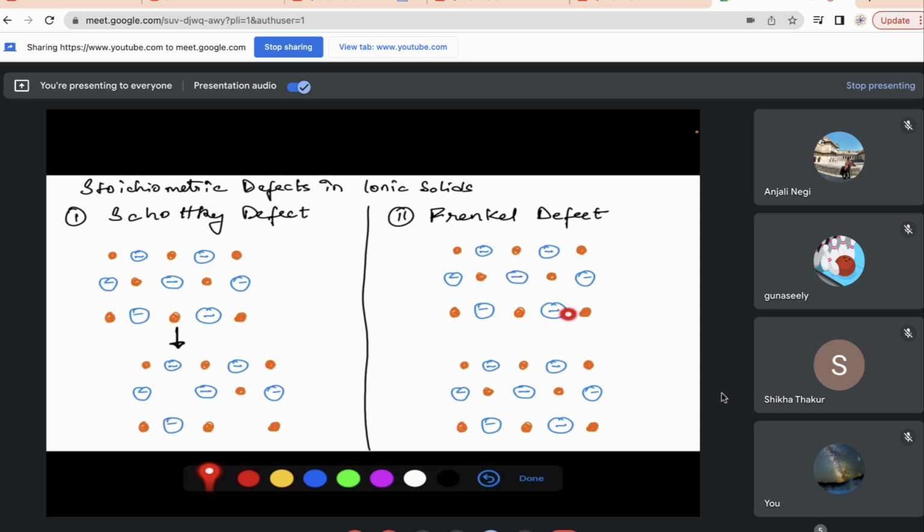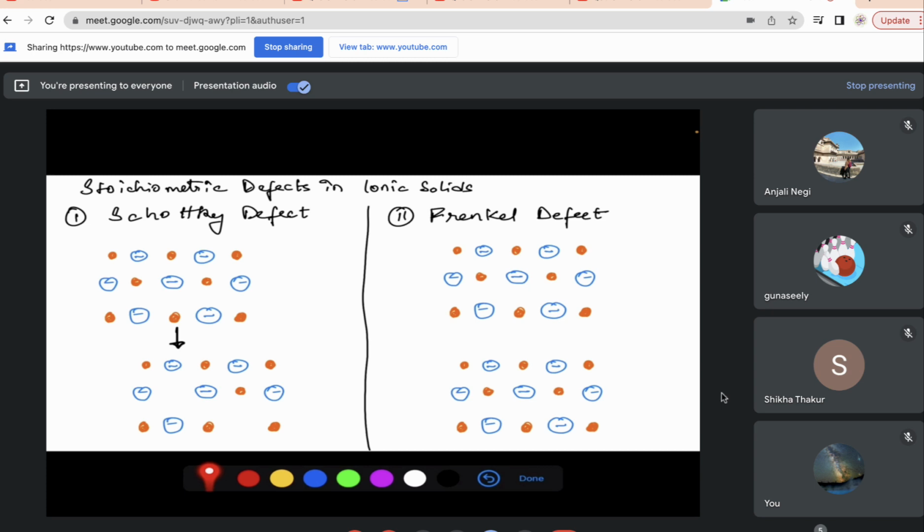So this defect is termed as the Frenkel defect. The only difference between Frenkel and Schottky is that the density in the Frenkel defect remains constant, as my ion is not actually leaving the whole crystal, but the small-sized cation will move to the interstitial site, or space.